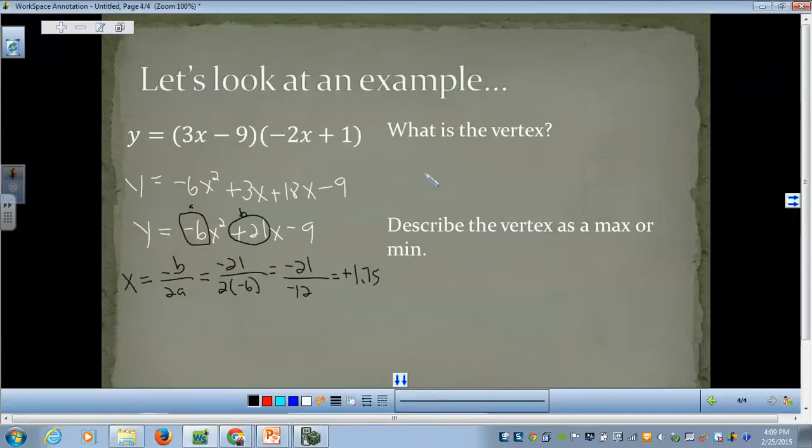And that happens. Not all of our vertexes are going to fall on nice, pretty integers, so negative 2, 8, or whatever. We may have some 1.75s or 3/4 or negative 1/2 and things like that. Even if this is a decimal, it doesn't change what we do. Once again, you're just going to go back and plug 1.75 in wherever there is an x, and then minus 9.